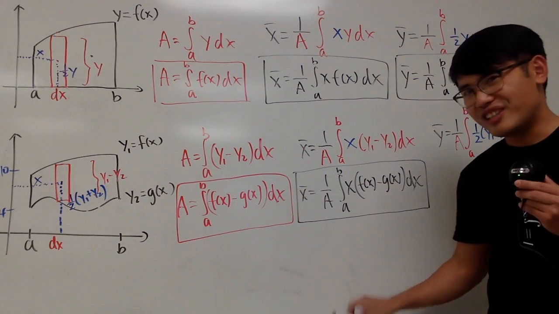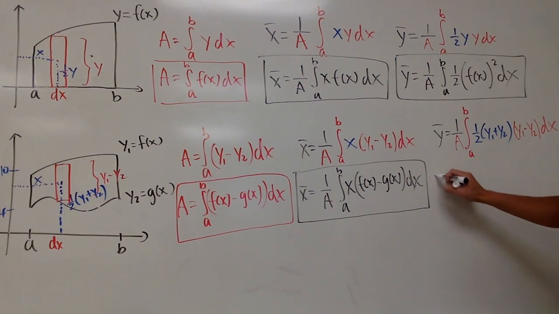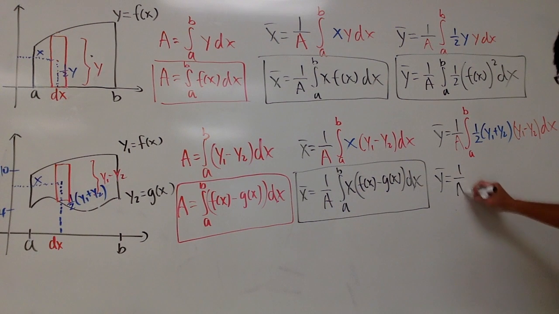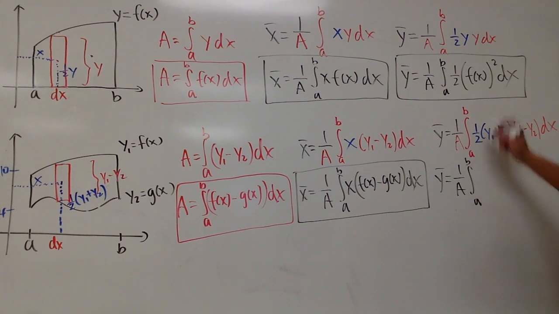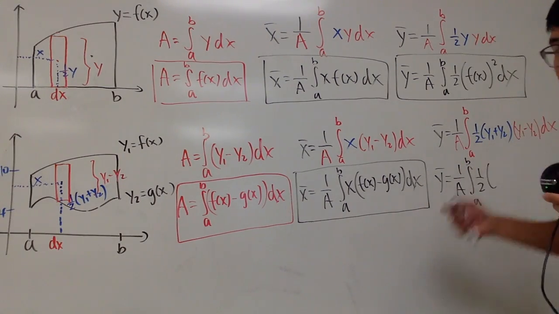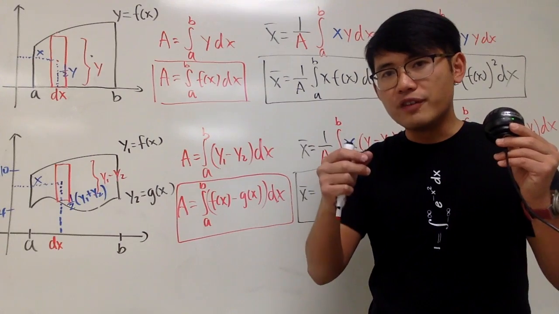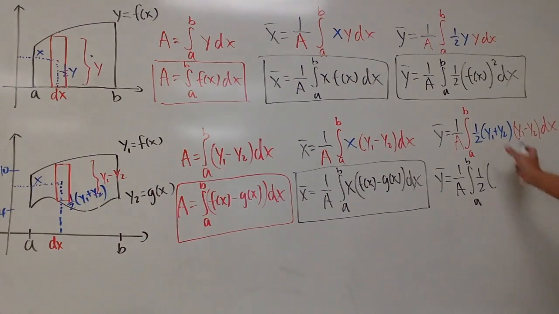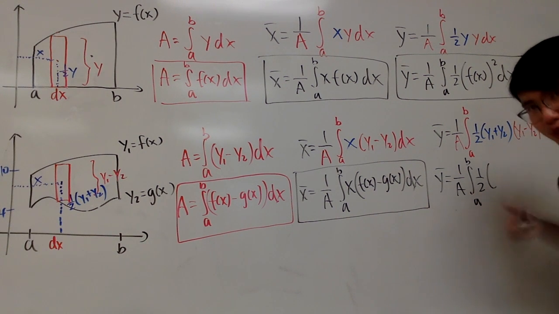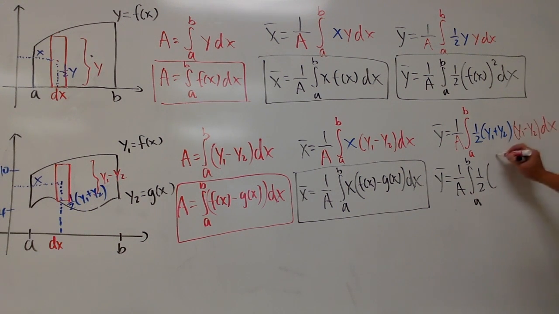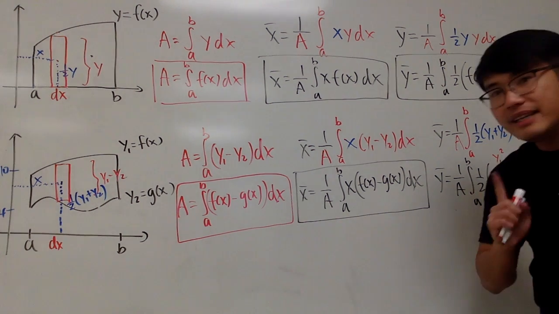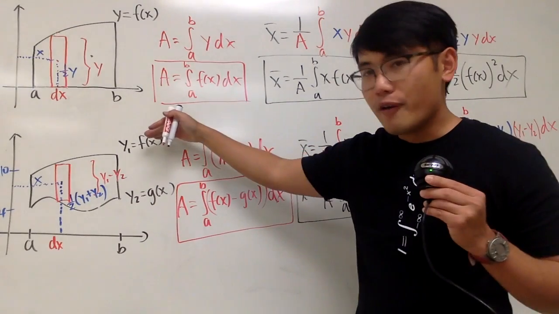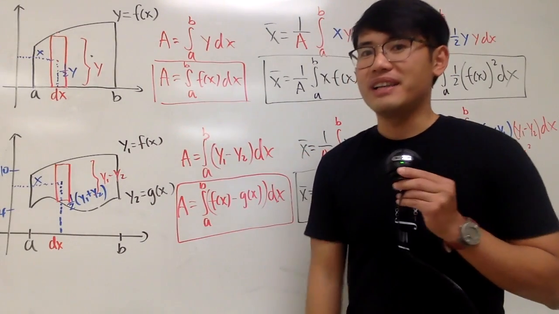And now, check this out. This is actually equal to the following. 1 over a, integral from a to b, and we still have 1/2. Again, the formula right here, it's not big parentheses, f of x minus g of x, and then square. It's actually, you see, this times that, you get y1 square minus y2 square, right? In other words, we get f of x square minus g of x square.